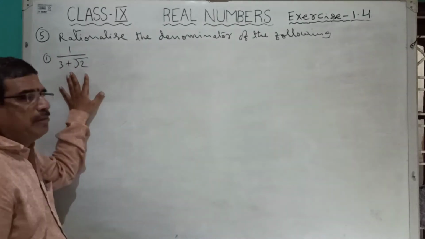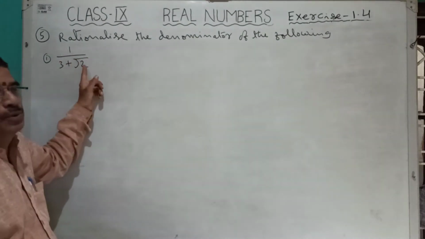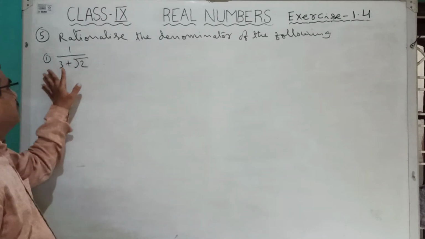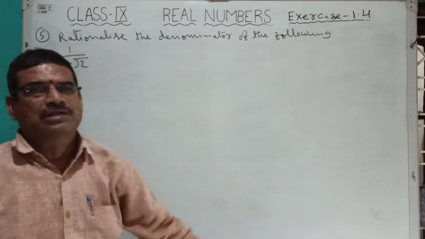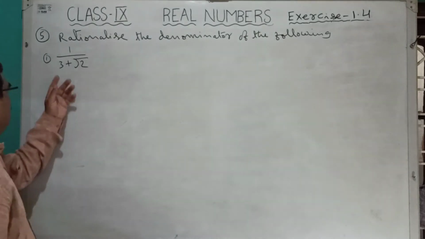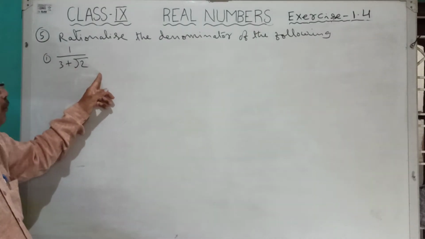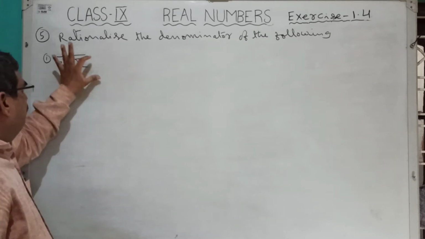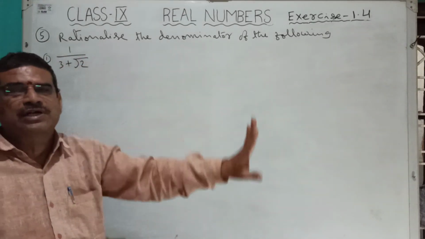In the denominator, this is an irrational number. 3 plus root 2 is an irrational number. Already we did this in the previous class. This should be converted to a rational number by following which formula? Here 3 plus root 2 is there. If I write 3 minus root 2, my aim is to write the denominator as a rational number.